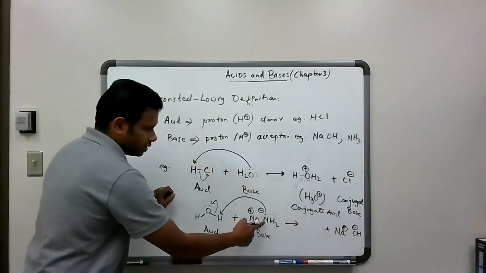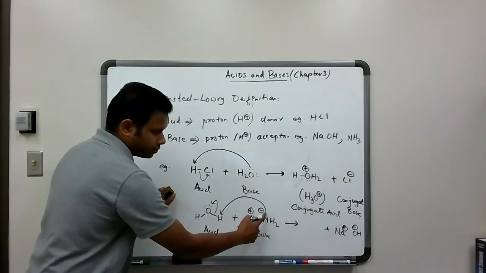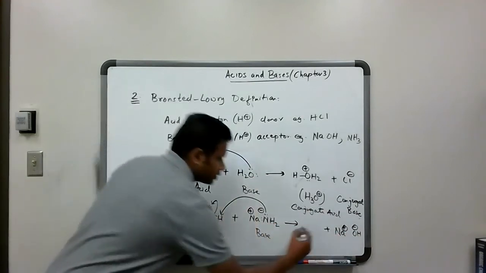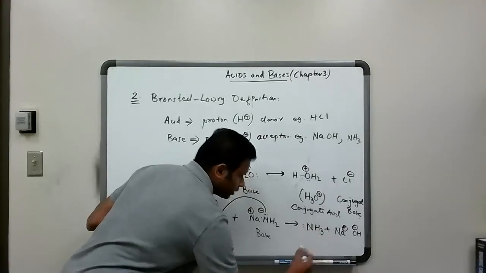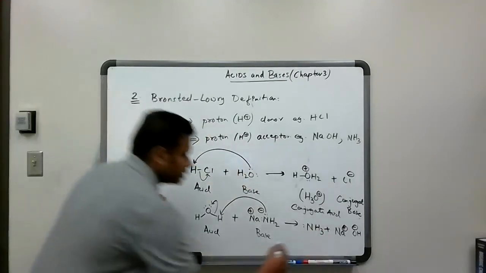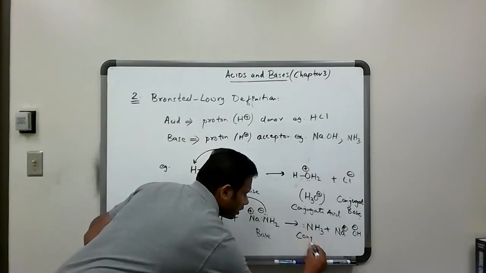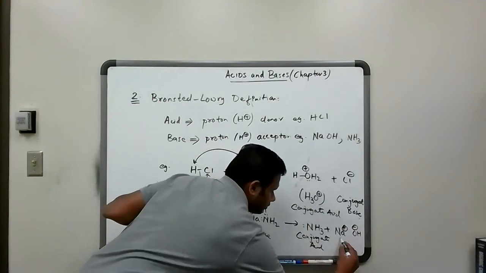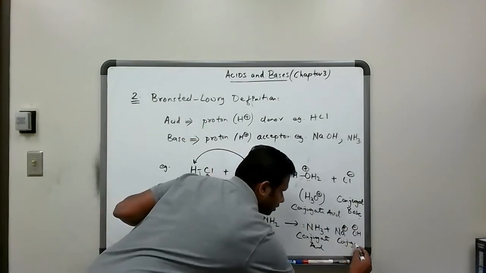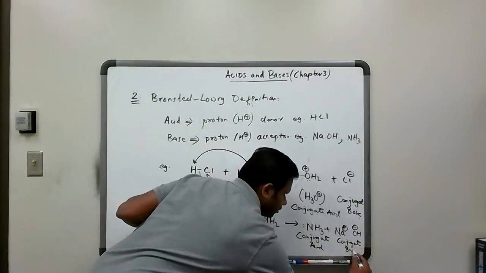And plus, the nitrogen had 2 hydrogens and 2 lone pairs. Now it abstracted a proton. We will get a nitrogen with 3 hydrogens and 1 lone pair. That would be our conjugate acid. So this is our conjugate acid, and this is our conjugate base.